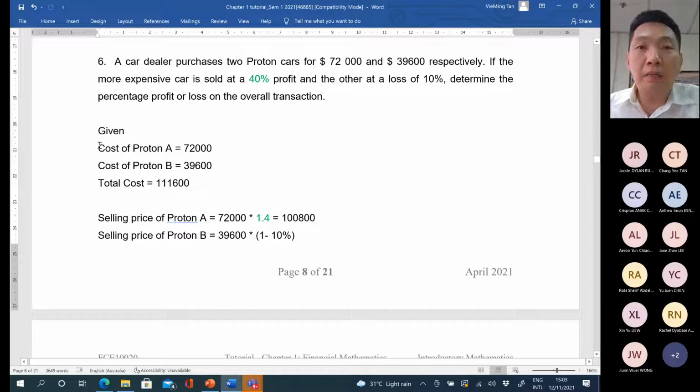Let the cost of Proton A, the cost of the car, be 72,000, and let the cost of Proton B be 39,600. I give a name for the second car, we call it Proton B. This is the cost price for Proton B.